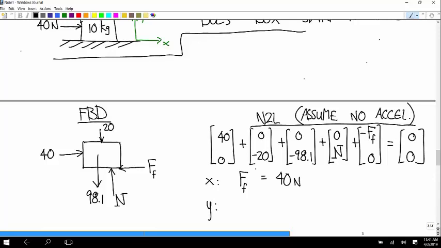So the y equation says N is equal to positive 118.1. Okay, so this is the friction force that's required for it to stay at rest.